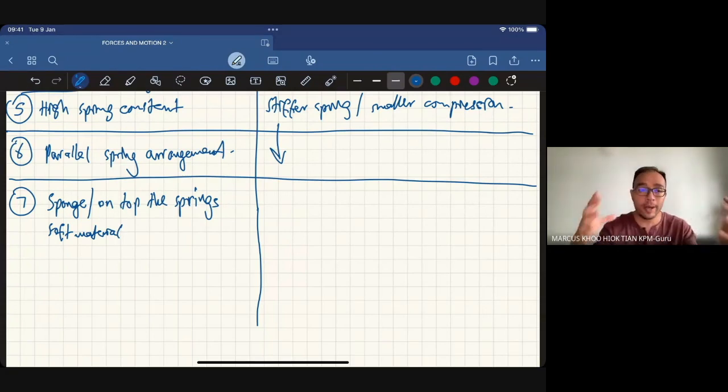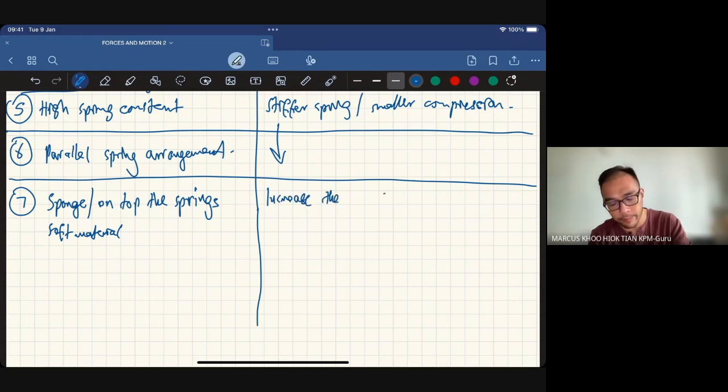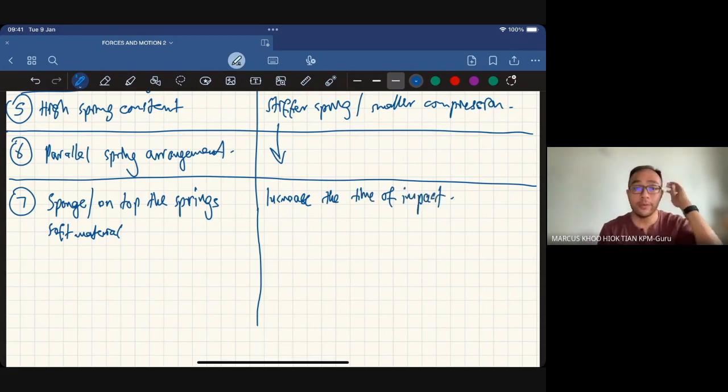So you put a sponge, put a cushion, on top of the springs. The reason for this is to increase the time of impact. Whenever you talk about sponge, this talks about impulsive force a little bit.